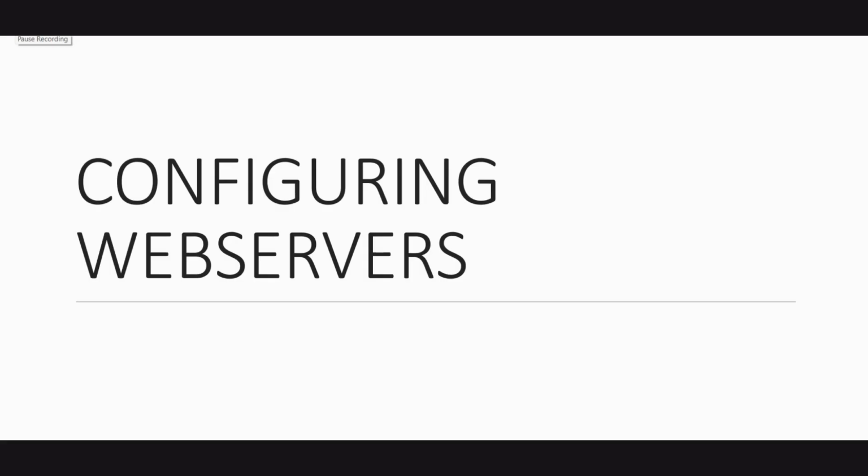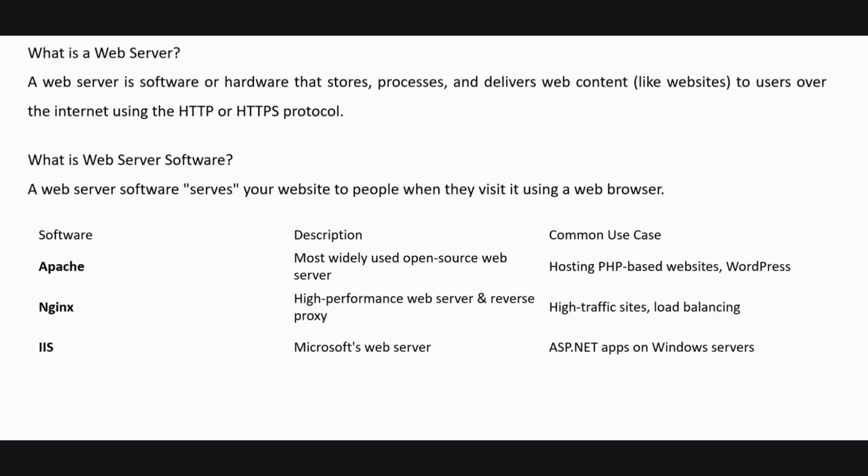Before moving to that, let's talk about what is a web server. A web server is nothing but a software or a hardware, something like that. If I, as a client, raise a request like www.google.com or www.netflix.com, it goes to the server, and the server responds to me with certain images or certain HTML, CSS formats.